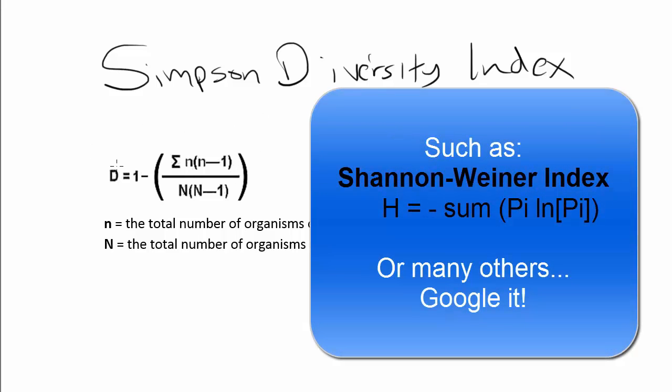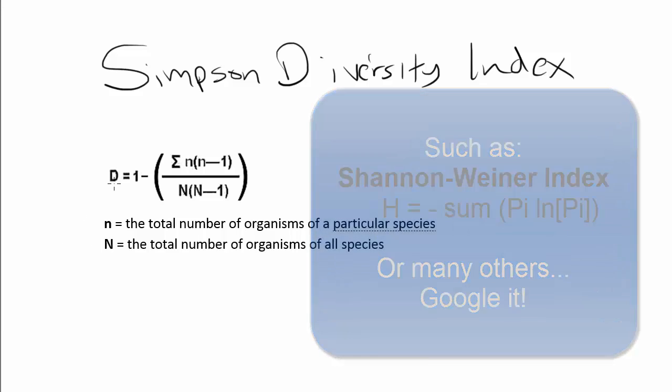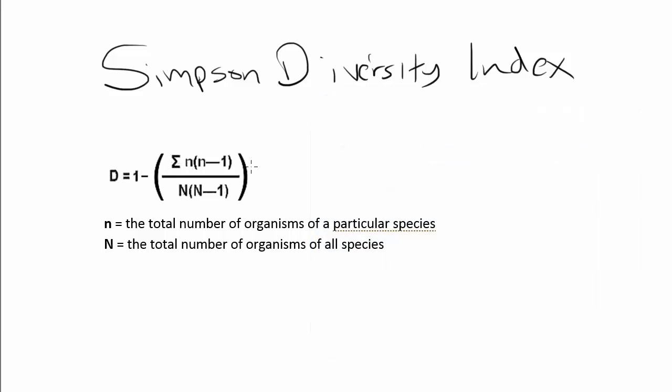Let's start by trying to decode all of these various figures in the calculation. First off, you have n and capital N already decoded for you on the sheet, but let's now talk about D really quick.